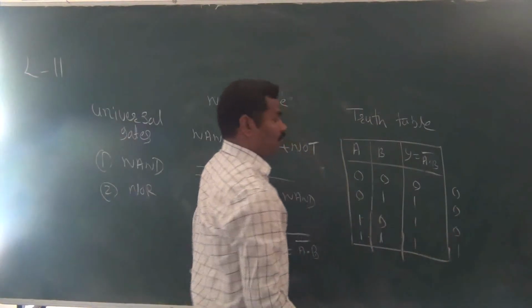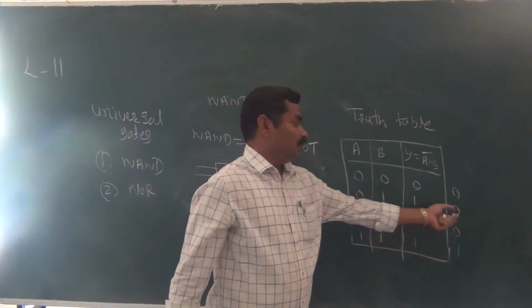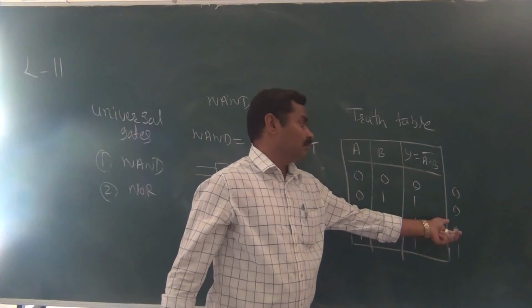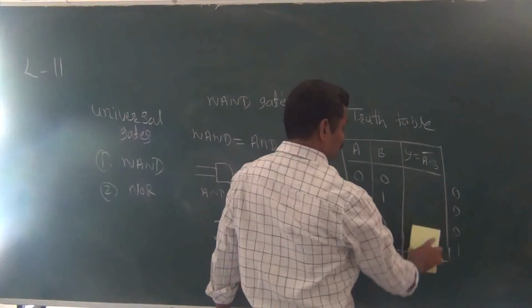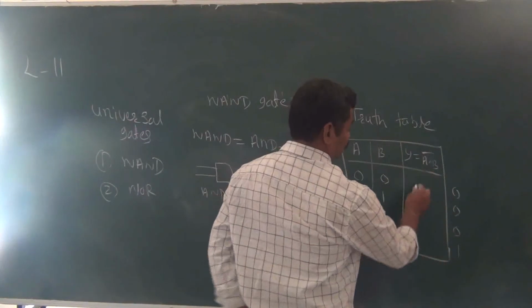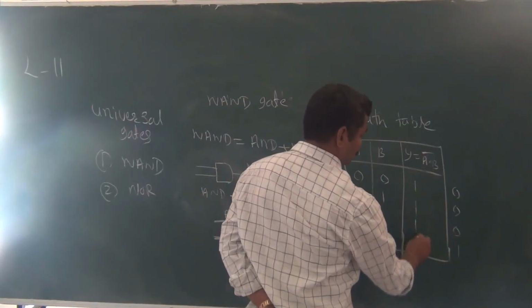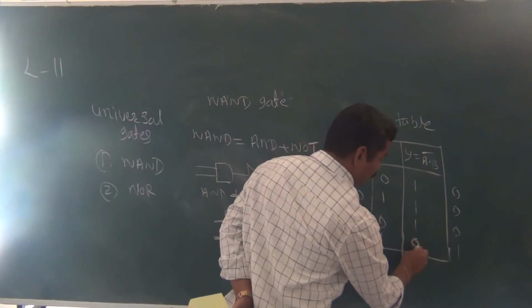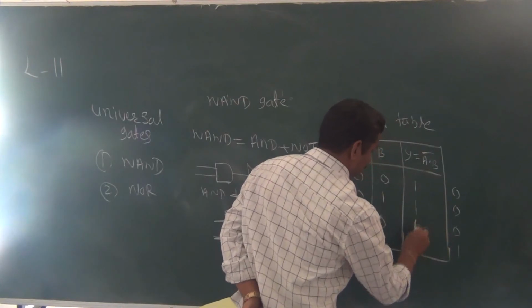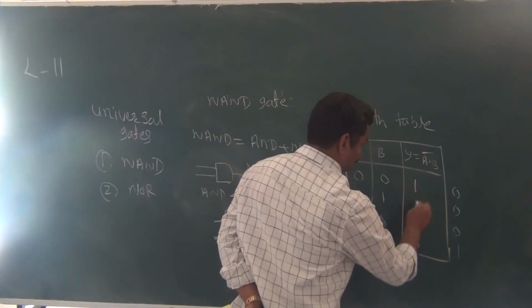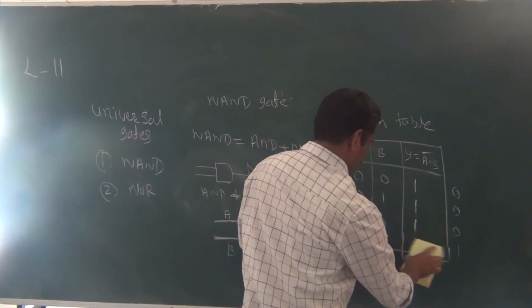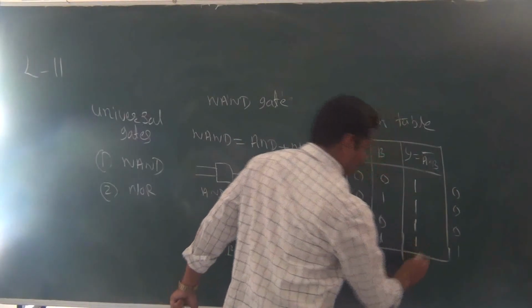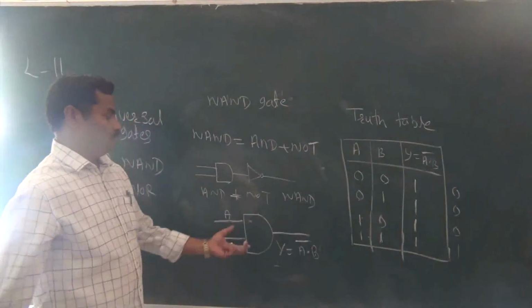The complement of this is nothing but 1, 1, 1, 0. This is nothing but the complement of the AND gate. This is the NAND gate.